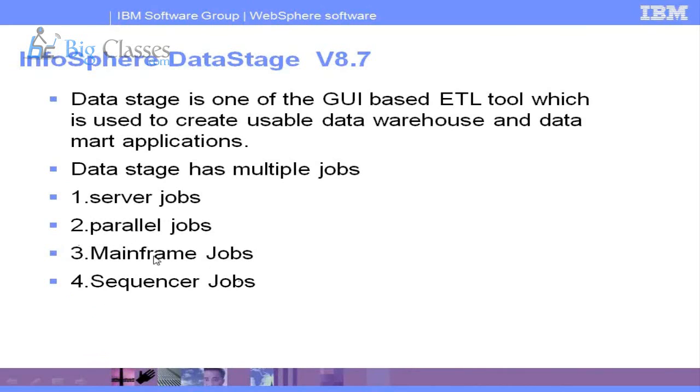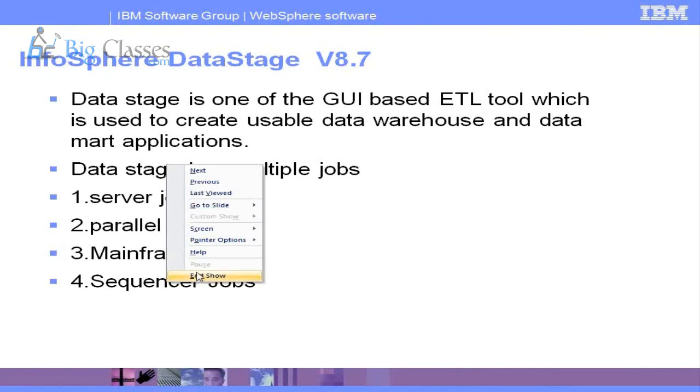But mainframe jobs we will not use, most of our clients are not using them. Only if the source is mainframe to read, and the target is also mainframe, in that situation only we use mainframe jobs. Other than that, most of the time we can see parallel jobs are the ones we use to do ETL operations.